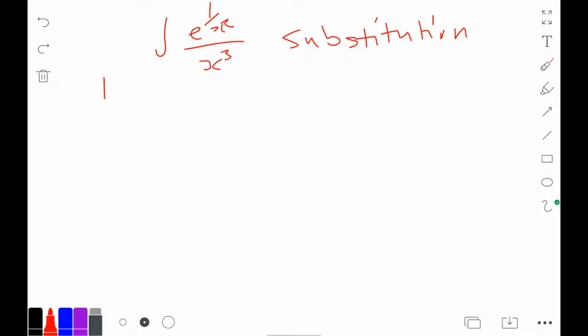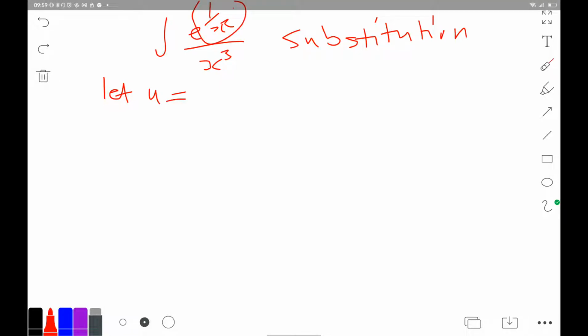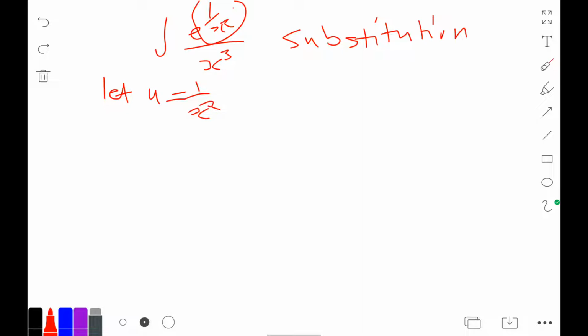We have 1 over x squared here on top of x cubed, so we're going to let u equal 1 over x squared. When we let u equal 1 over x squared, then we can differentiate and find du over dx.